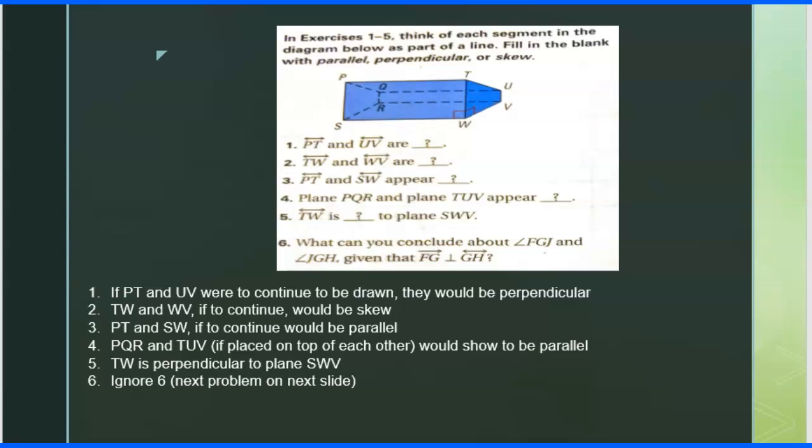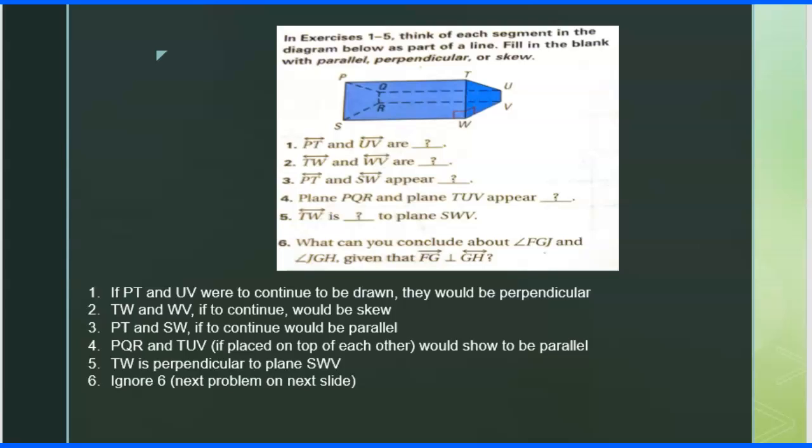If you can't see this just in your mind, then feel free to take a picture of this or draw it onto a sheet of paper and extend the lines. That sometimes helps you see if a line is skew or perpendicular more than parallel.